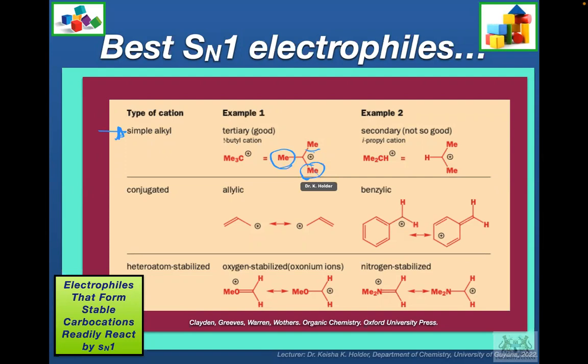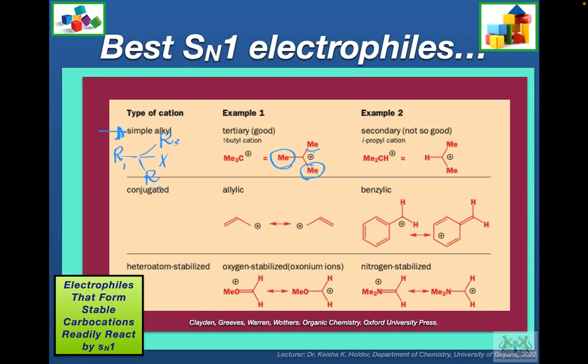Of course, the precursor would be with your leaving group, whatever your leaving group is. So you'd have your R group. One, two, and three. And of course, when we say R, we mean not hydrogen. So this is your typical electrophile for SN1, one of the best ones.